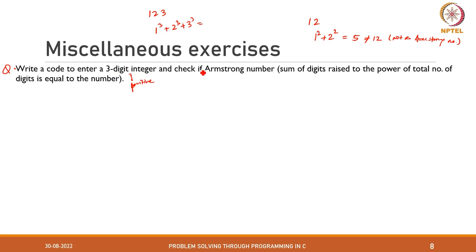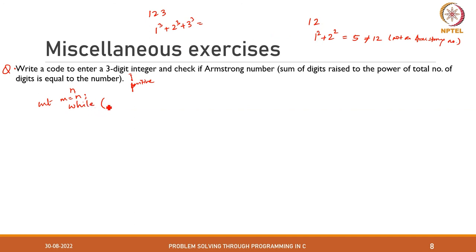Now, how do we extract the digits individually? So we use a while loop. We can also use a for loop. So what we will do, say n is an integer that the user has inputted, and we'll define another variable int m, in which we save the value of n for later on, because finally we have to compare it, right?